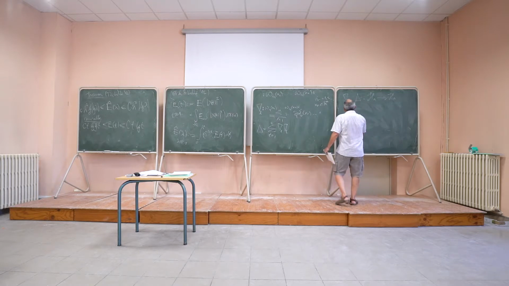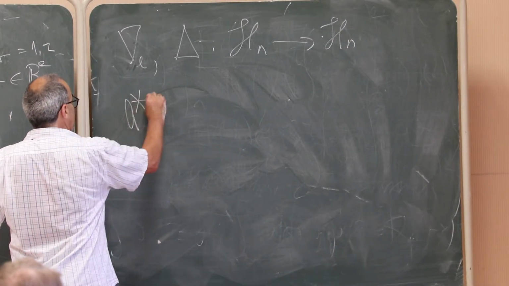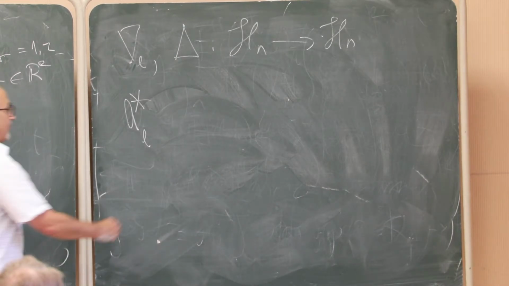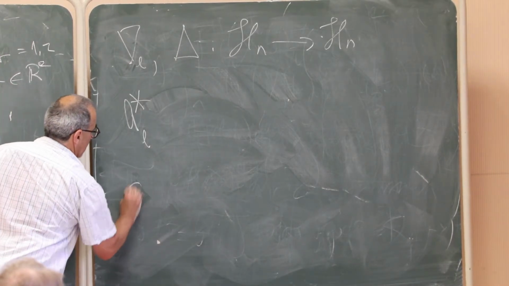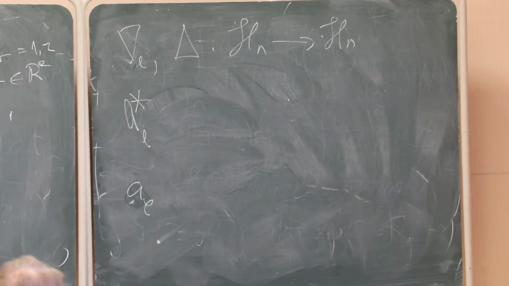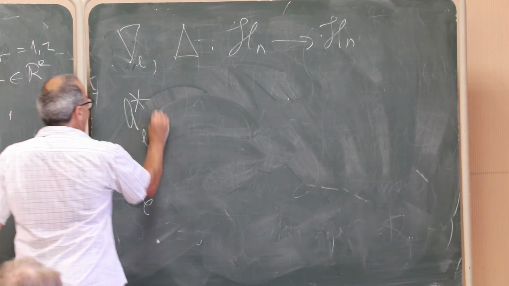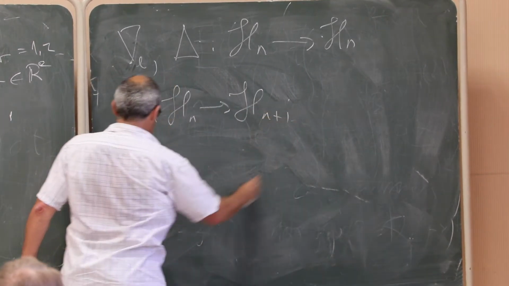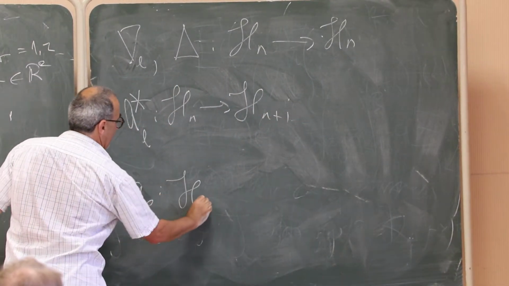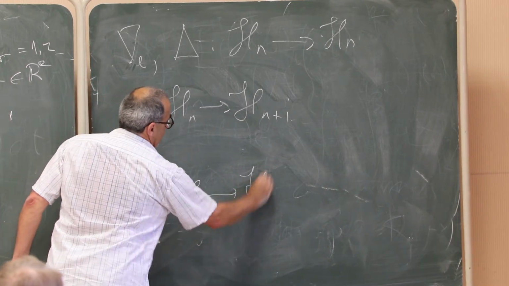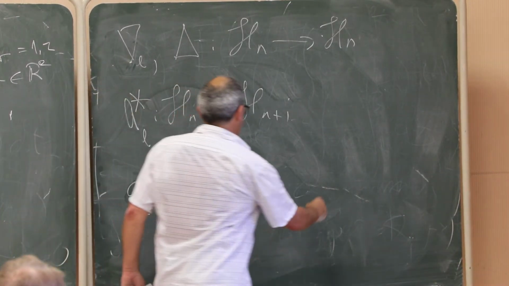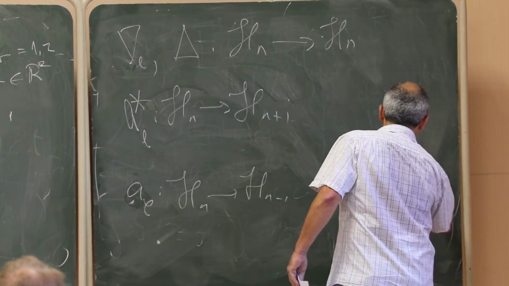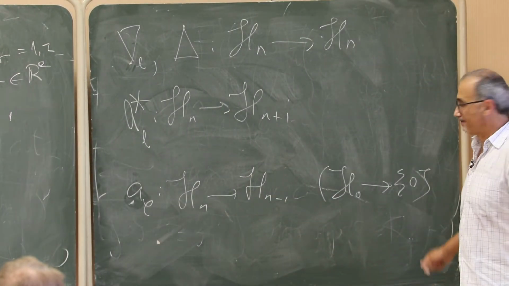But I also now define creation and annihilation operators, A star of L and A of L, which act on my Hilbert space, and namely this will raise H sub n to H sub n plus 1, and this will map H sub n to H sub n minus 1, respectively H sub 0 to the 0 element.